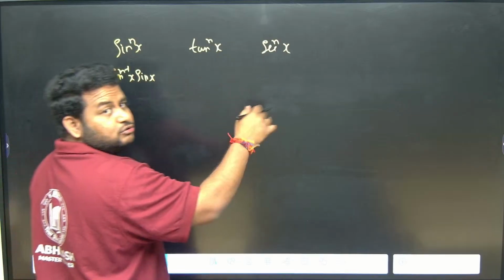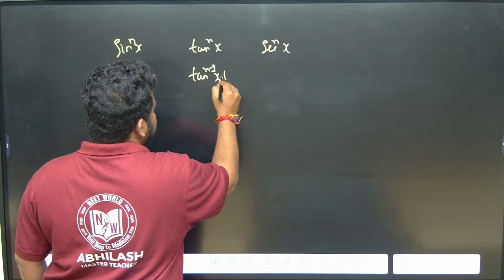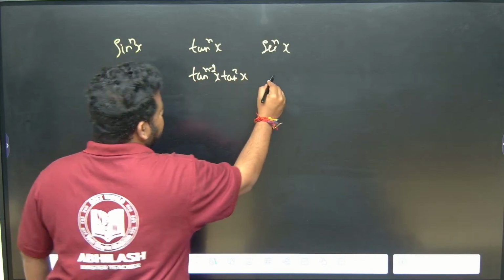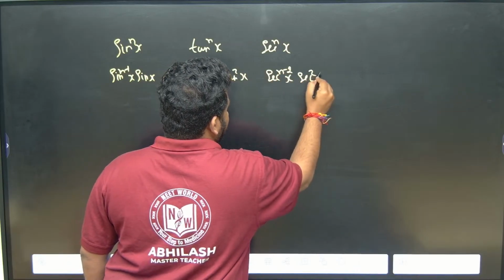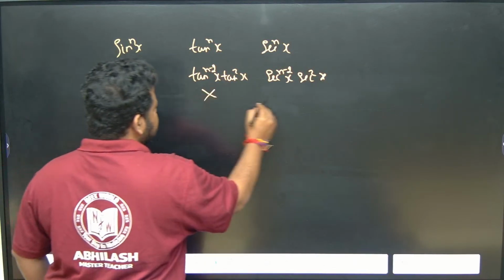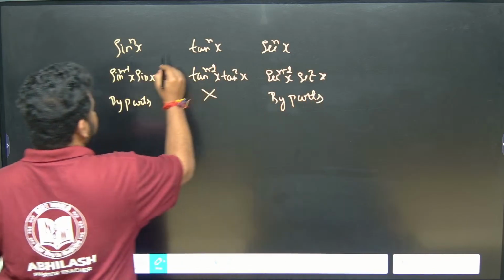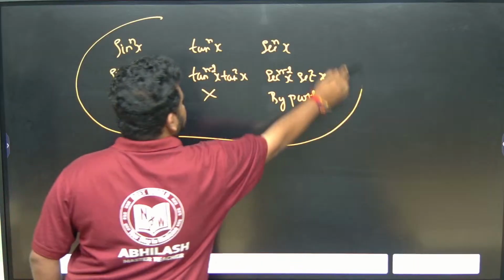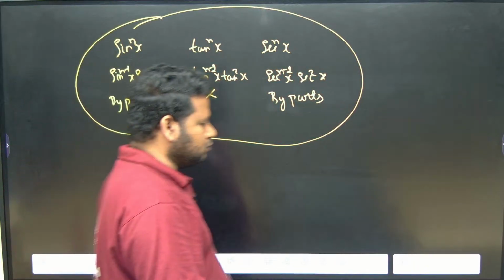In the other two, you will shift two, so this will become tan^(n-2) x into tan^2 x, and secant^(n-2) x into secant^2 x. In the first, you will do it directly, no by parts. In the other two, you will apply by parts. So, this is the overview of the reduction formula which you have to remember, friends.